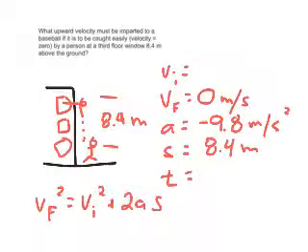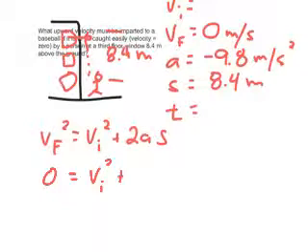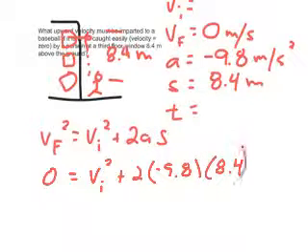Let me move this out of the way. Plug in the numbers. So V sub F is going to be 0, squared is 0. We're looking for V sub I plus 2 times negative 9.8 times positive 8.4.